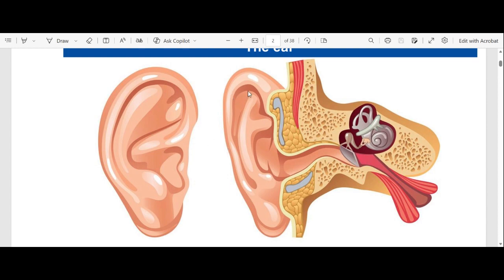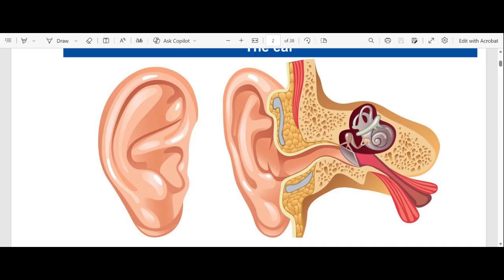So we have our outer ear, which is formed by our pinna, auditory canal, then lastly our tympanic membrane. Then our tympanic membrane divides the outer ear and the middle ear. Our middle ear starts with the tympanic membrane. You have your hammer, anvil, then stirrup. Then lastly, you have our oval window that forms part of the middle ear.